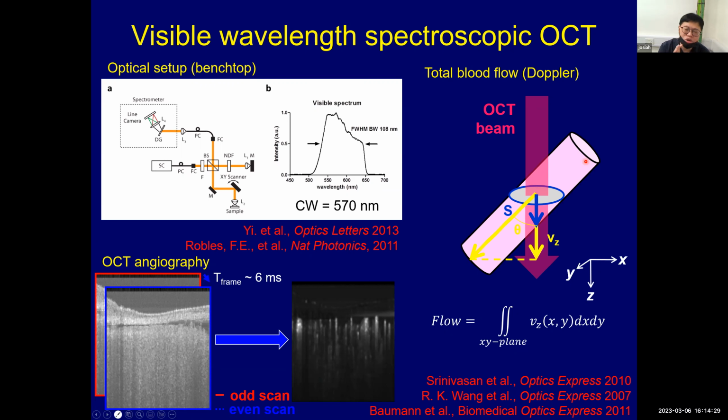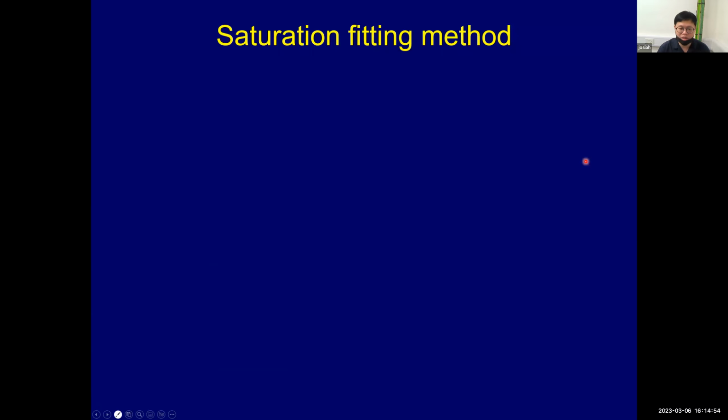It's like when you hear the sound of a train coming toward you or leaving you, they have different frequencies. It's a very similar concept, so basically it's a Doppler frequency. You can measure it, and then infer the flow information of the vessel. I hope I explained it in an easy to understand manner.